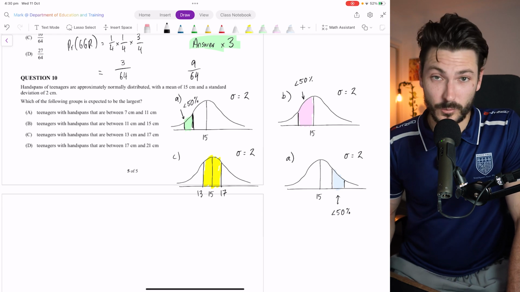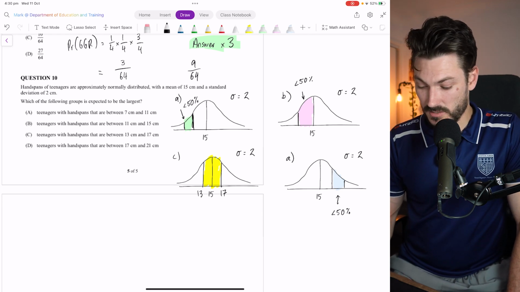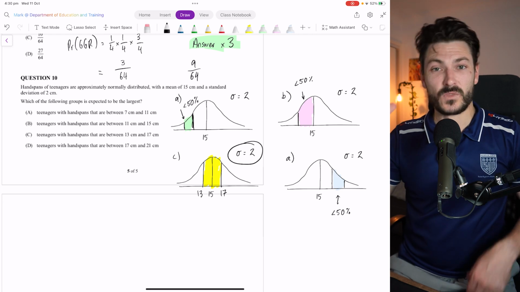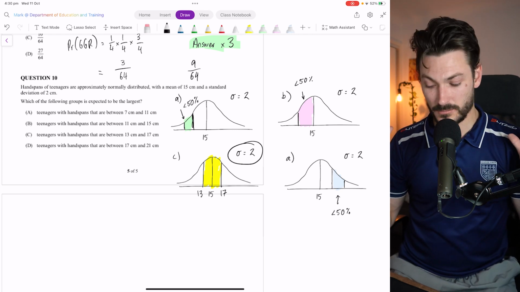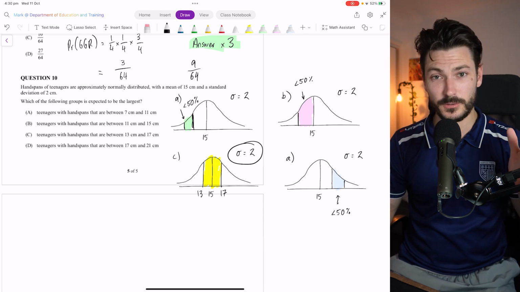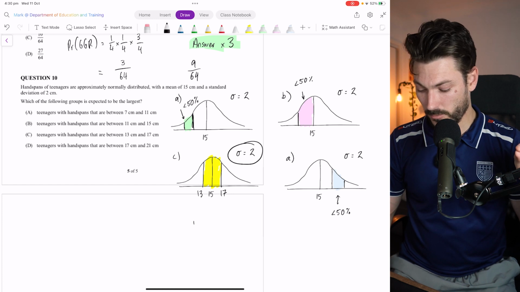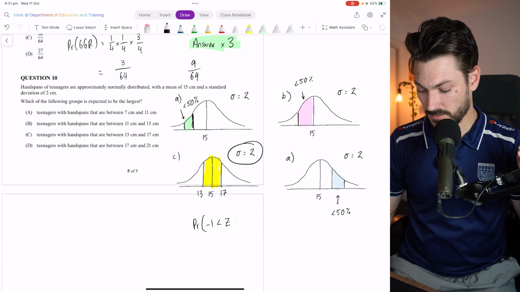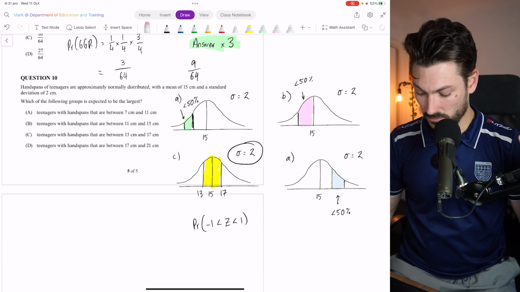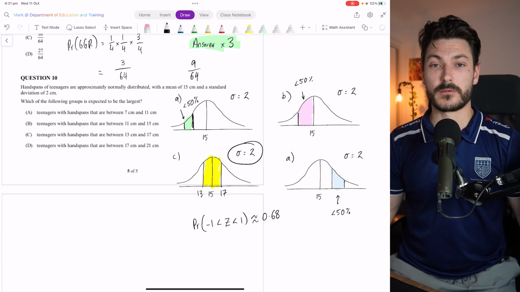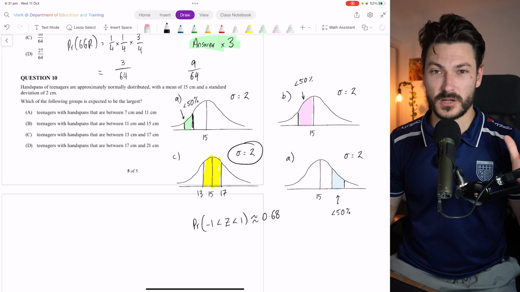Well, I can, fortunately, because it tells me that the standard deviation is 2, and 13 and 17 are both 1 standard deviation either side of the mean. And we know, and hopefully you know, if you don't, 1 standard deviation either side of the mean, or the probability that -1 is less than Z, which is less than 1, which is the standard normal, is going to be approximately 0.68, or approximately 68% of data values lie within 1 standard deviation either side of the mean.